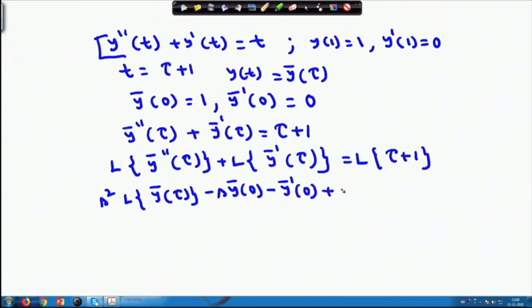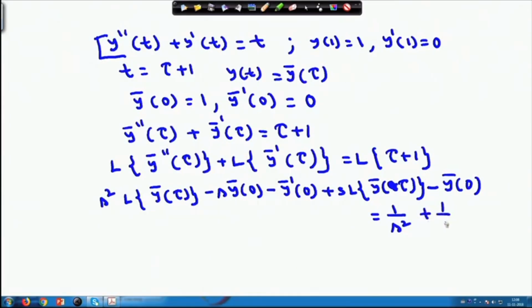Plus, for y bar dash, s times the Laplace transform of y bar tau, with one more term, minus y bar(0). And the Laplace transform of tau plus 1 will be 1 by s square plus 1 by s. So, you are obtaining 1 by s square plus 1 by s.